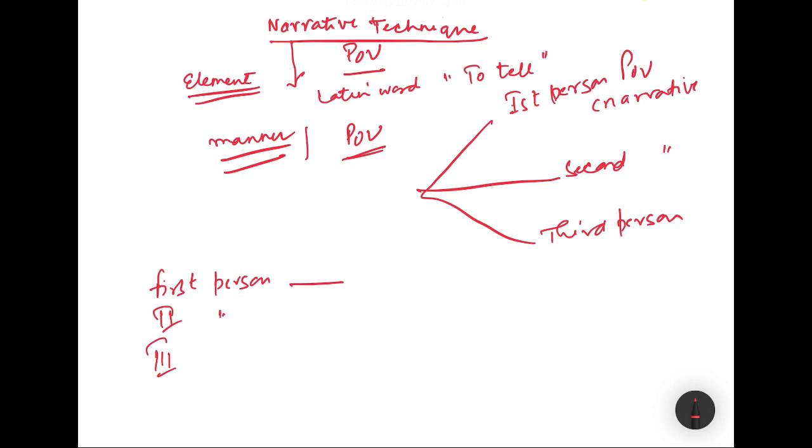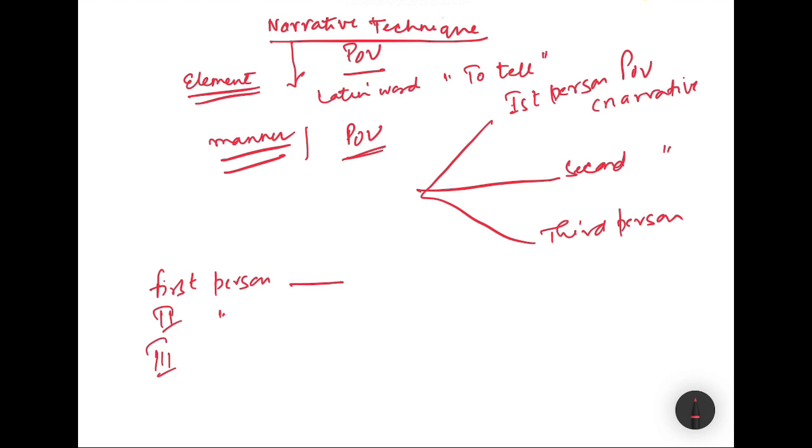Let me take one example. If I say, for example, that I read this book, if I am narrating a story where I am using this sentence, I read this book, it seemed to me very interesting, I, me, first person.